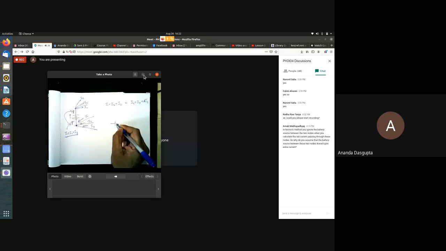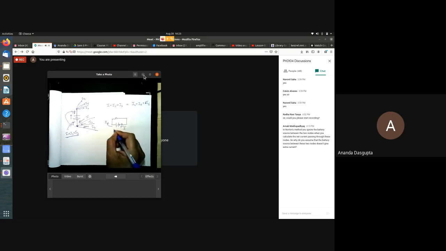By the way, even in a much simpler circuit like this, you have a current I on this side, and the same current comes in on the other side. There you don't ask the question: if the battery is getting current I on the negative side and pushing current I out from the positive side, then why isn't it producing any extra current?